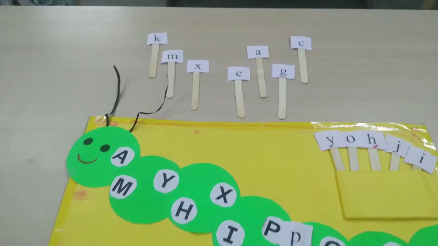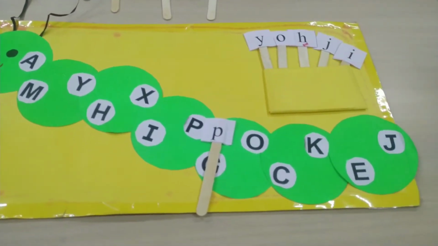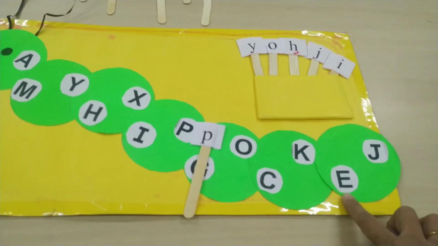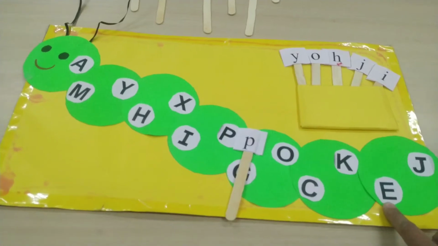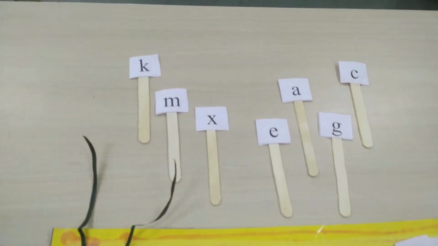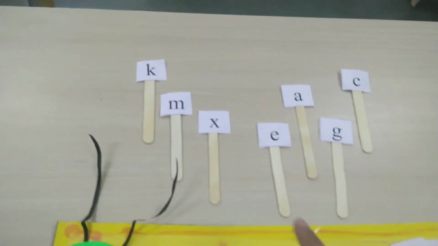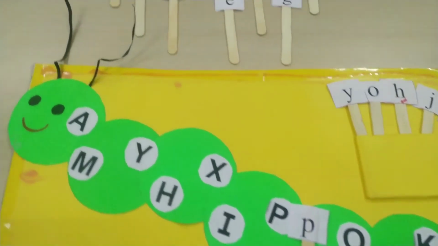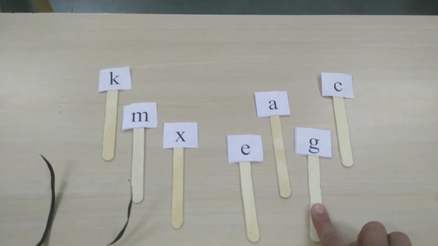Now let's take another letter. See which one we are going to take. We will select capital E. This is capital E. Search where is small letter E. Is this small e?